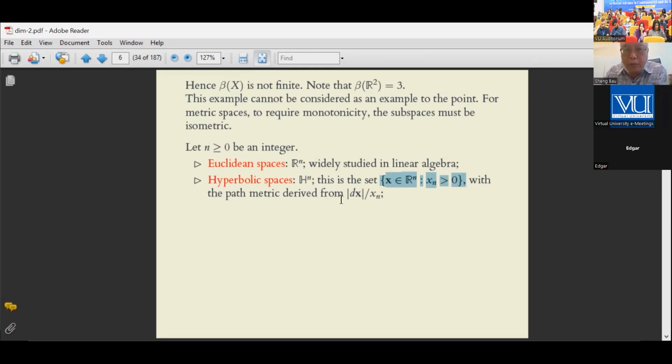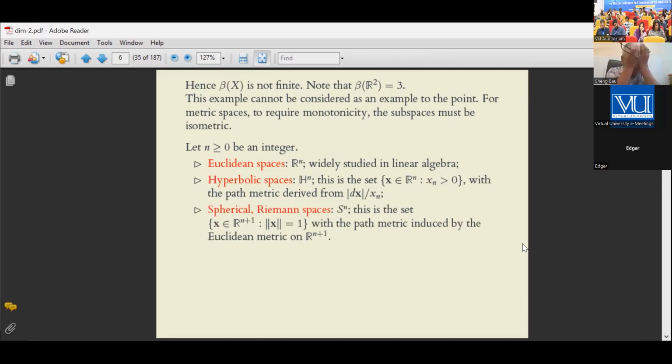The path metric is given by the differential element divided by x_n, where x_n is positive. If x_n was an arbitrary real number, we could not put it as a denominator, so we're saying the last coordinate is positive, so we're looking at the half space.